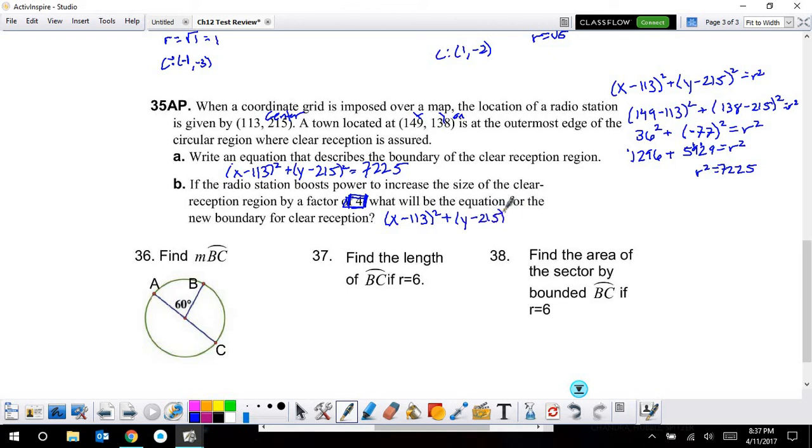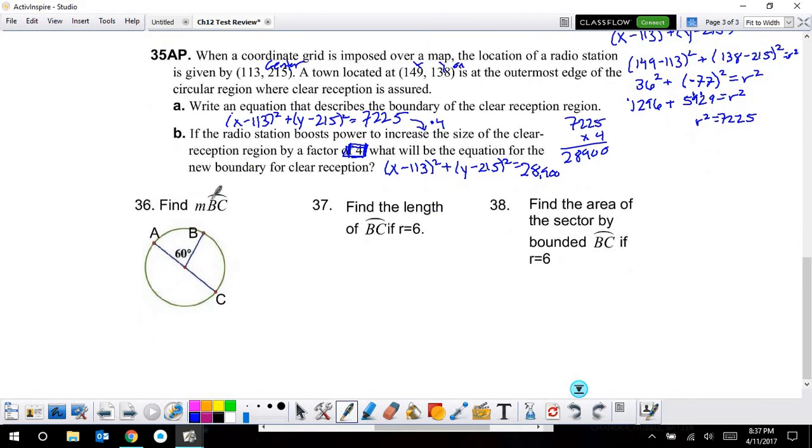The only thing that would be affected is your r squared would have to multiply by 4. So when you do 7,225 times 4, you get 28,900. Okay. For the last little bit, we've got 3 more questions and we're done here.